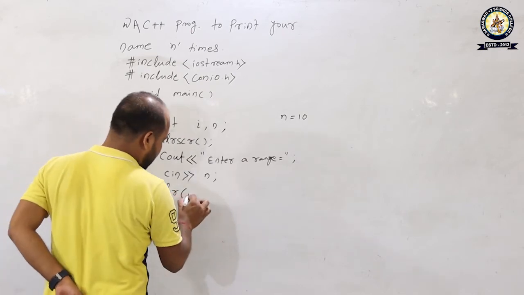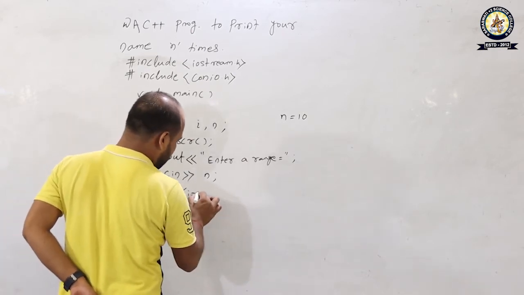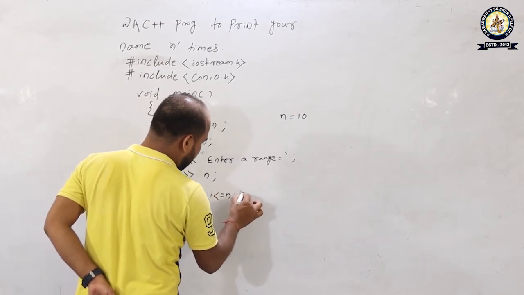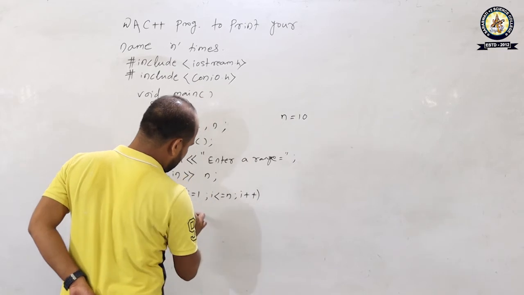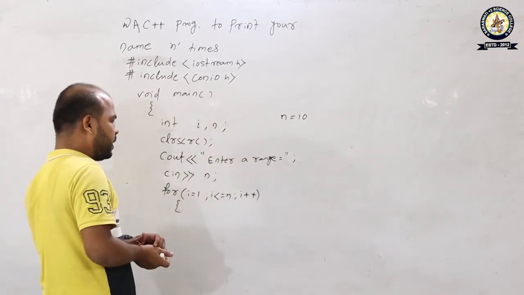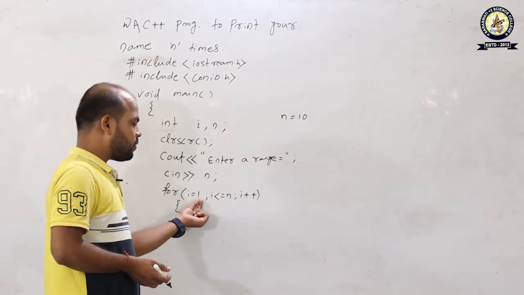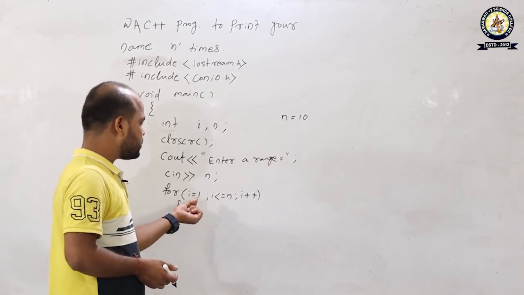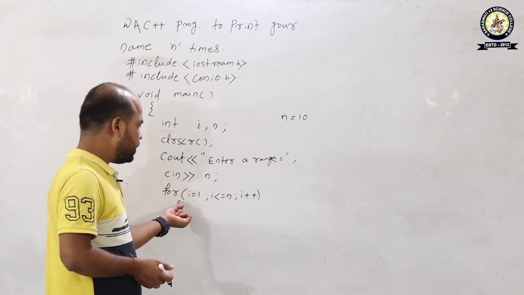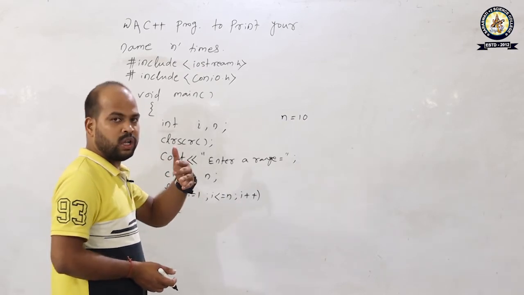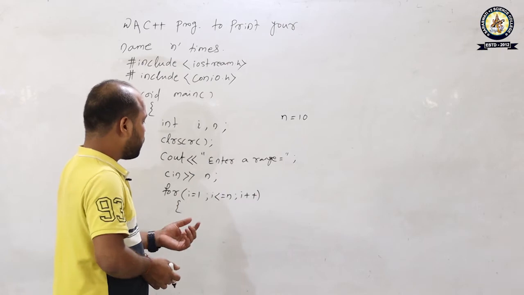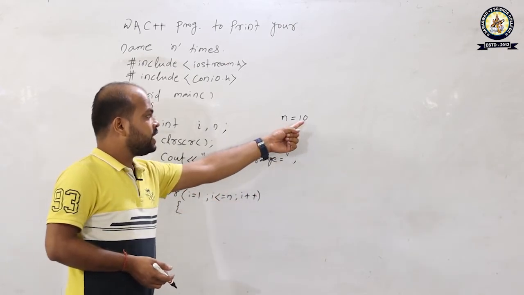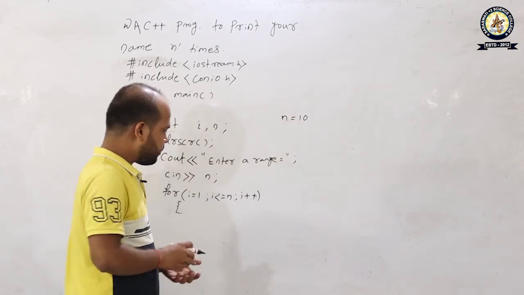For i equal to 1, i less than or equal to n, i plus plus. What does it mean? This is the first value, initialization. Here I initialize the variable i, and our counter will run from 1 to 10, because here I put n value as 10.